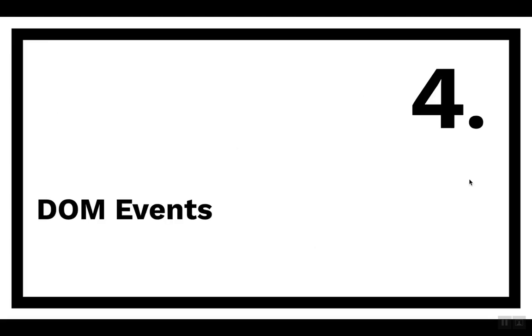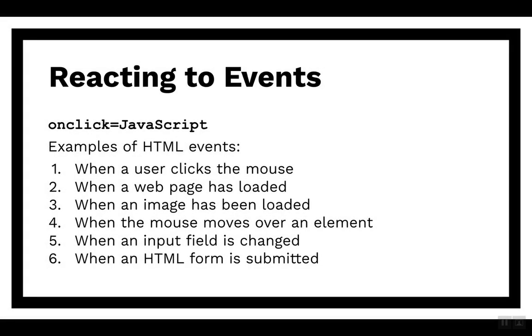Alright, similar to the properties and the attributes on the elements, we can also have access to the events that these elements are attached to, and based on the trigger of these events, we can make changes to the index.html file. So let's look at a few of these events. So here are a few examples of these events.